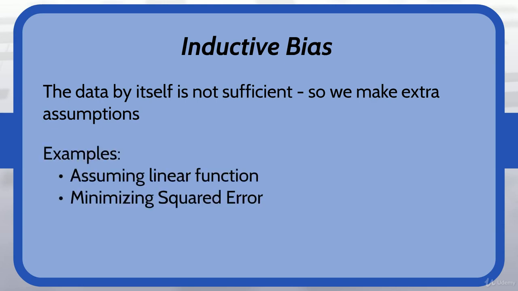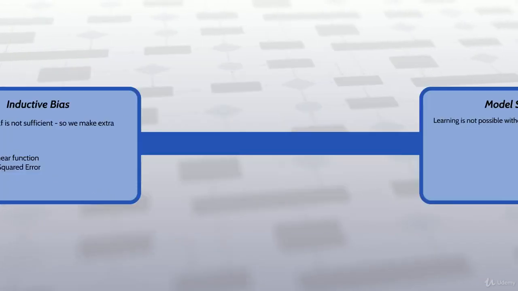In other scenarios, such as in linear regression, assuming a linear function is an inductive bias. And among all the lines, choosing the one that minimizes squared error is another inductive bias. So we introduce these assumptions because, once again, the data by itself is not sufficient to find a unique hypothesis.